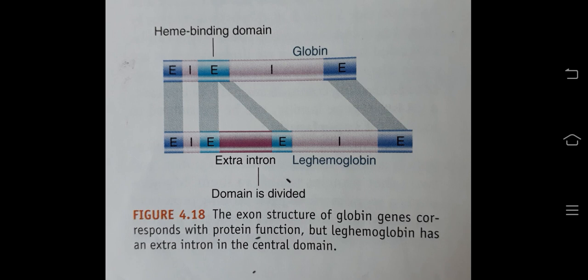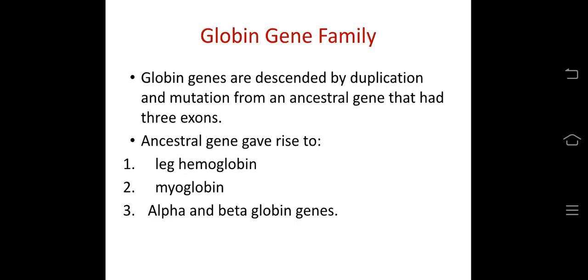The exon structure of globin genes corresponds with protein function, but leg hemoglobin has an extra intron in the central domain. When we try to learn about the structure, we learned earlier that all this process of mutation happens from an ancestral gene that had 3 exons.